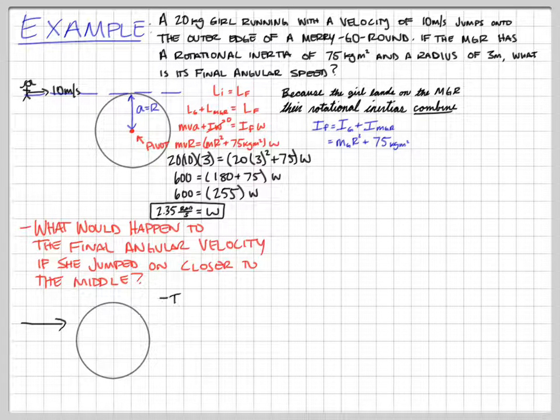What if she ran and jumped like that instead of onto the outer edge? In this case, the merry-go-round would have less angular velocity afterwards because the girl had less angular momentum to begin with. That A is smaller now, so she has less angular momentum. So the system has less angular momentum.